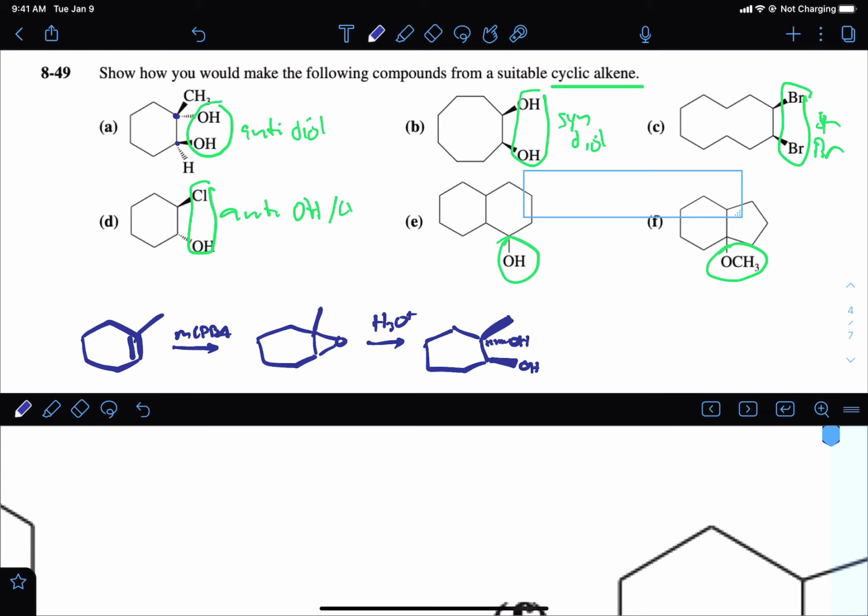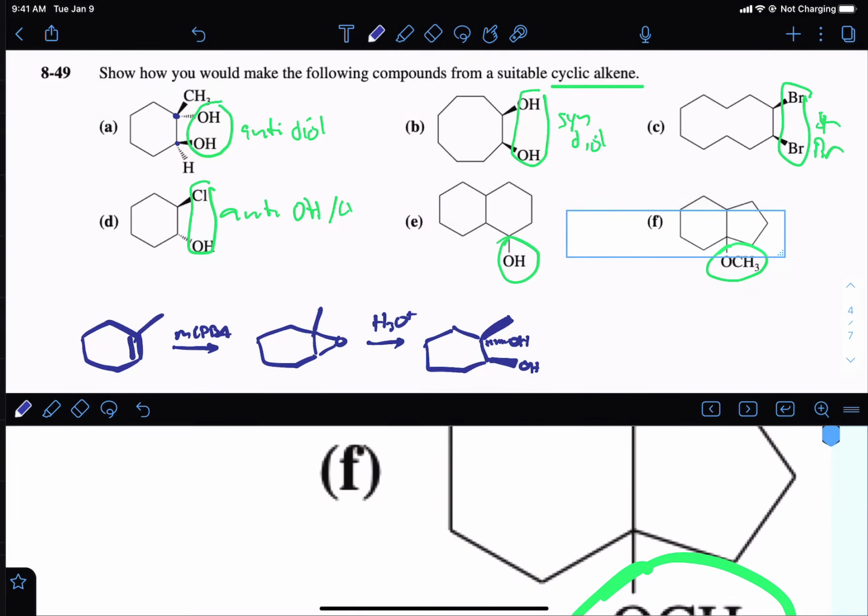I'm curious. Let me check the key, because I'm not sure if maybe they want 2 steps. Let me check. I was thinking anti-BRs. This is 849.